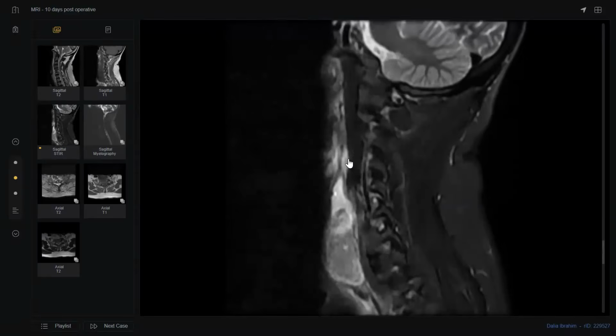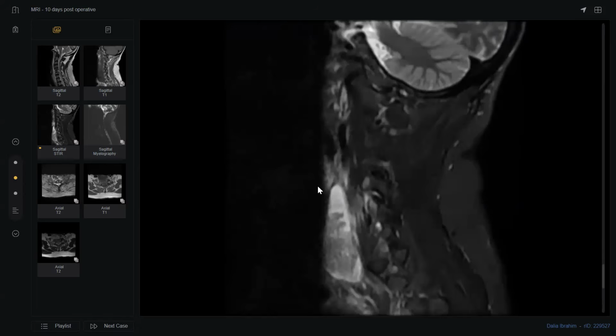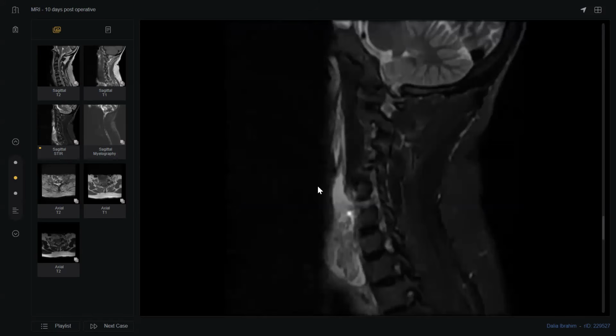So there is a large T2 hyperintense collection seen in the anterior epidural space with heterogeneously T2 hypointense areas.